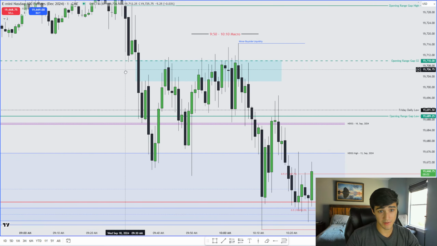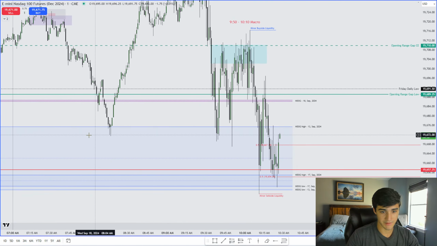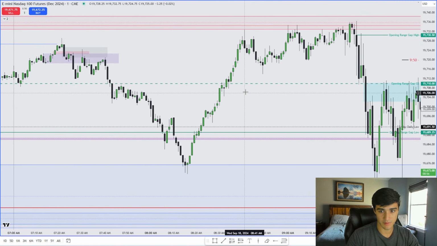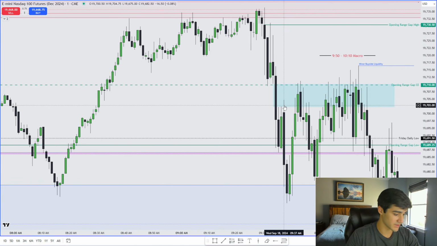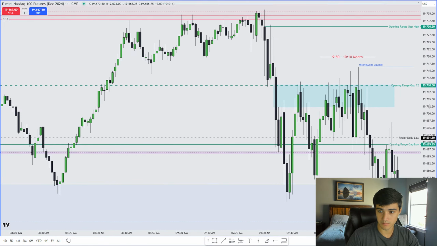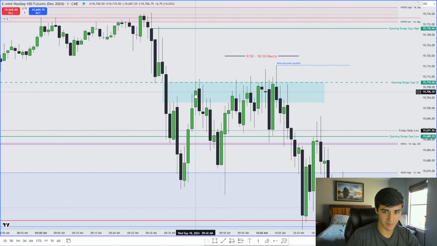At 9:30, I outlined that the draw on liquidity was this low, so that's what I was aiming for. I didn't want to sell short here because it was too far into a discount. I was looking to sell short here because the bodies were still closing inside of the first presentation.